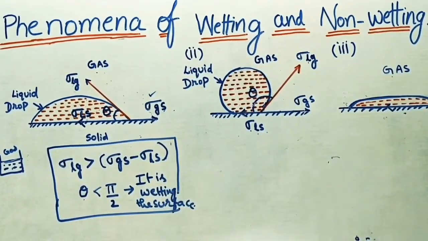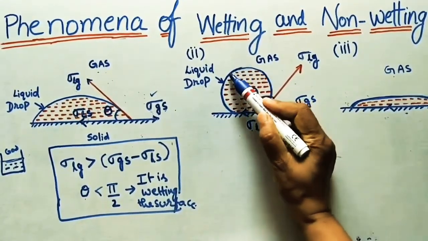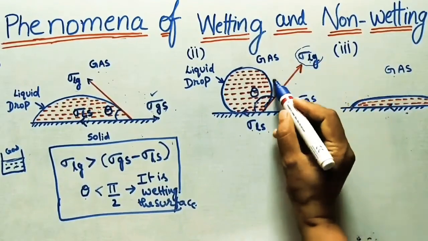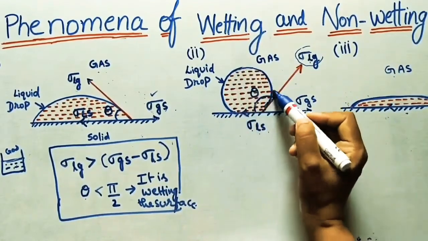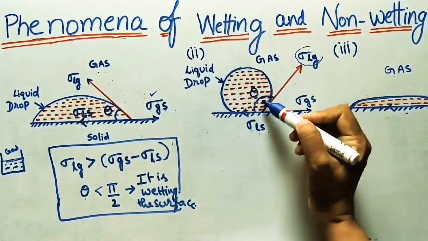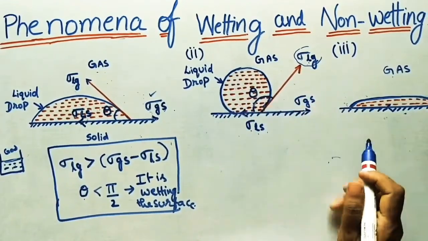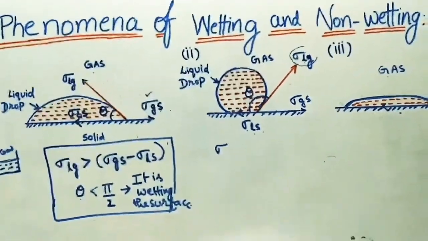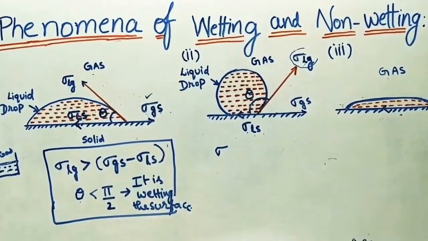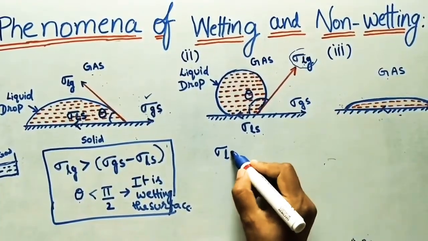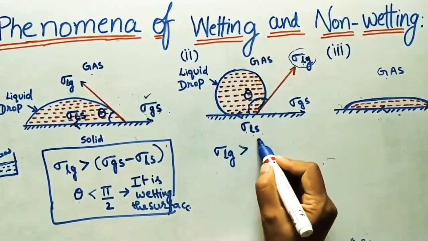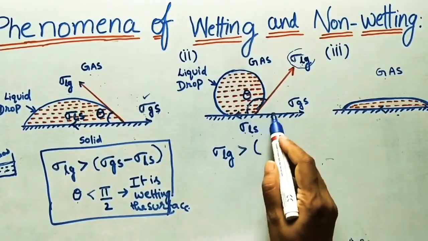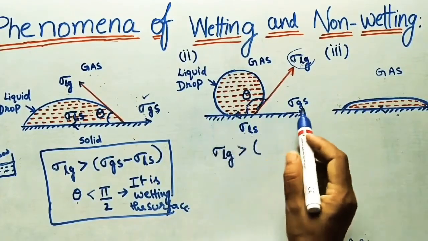Now, for getting this in equilibrium, this value should be more for keeping this shape. Obviously the surface tension will be more, and only at that time it retains this shape. So the condition for equilibrium is the same thing I will write here: sigma Lg is greater than the difference between these two, because this is acting in this direction and this is in the reverse direction.